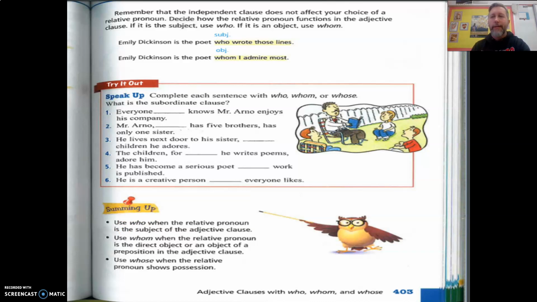Or look at the word next to it. Is there already a subject? If so, then use whom. If you need a subject, use who. And use whose when the relative pronoun shows possession. So as you go through the examples, do the whose elimination test first, and then you know that you're choosing between who or whom, and then you're looking for subjects or no subjects.